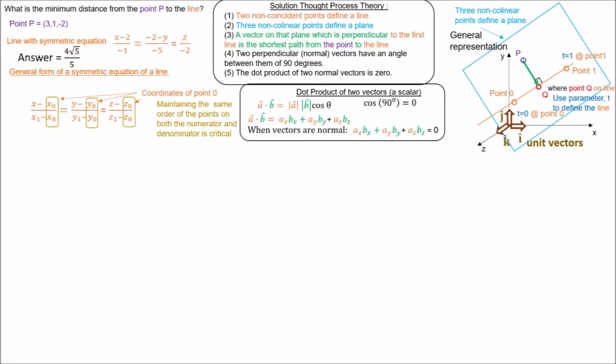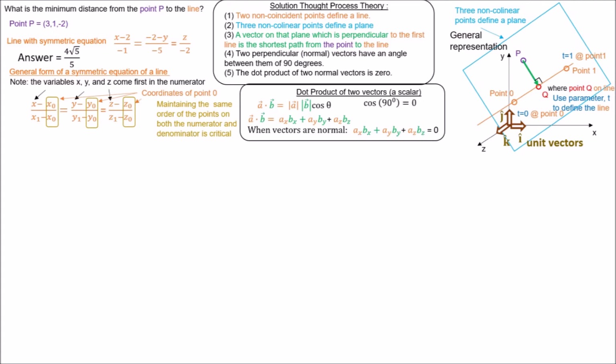There's a numerator x0 in the term farthest left, and the denominator has the x coordinate of point 0. In the middle equation, it's the y coordinate of point 0, and the farthest right has the z coordinate.